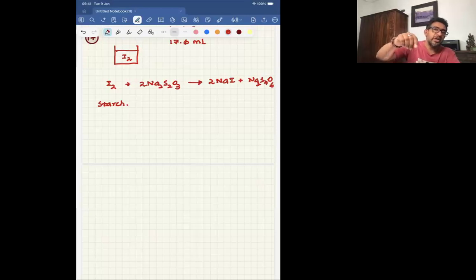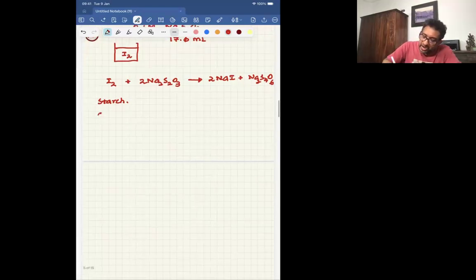So you add a few drops of starch after it becomes light yellow, or straw yellow in color, where you get this very intensely colored, blackish blue solution. Then you continue the titration until it becomes colorless. So when you say describe the endpoint of the titration, that is what we need to look at.